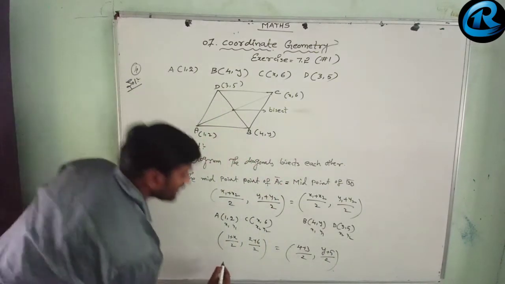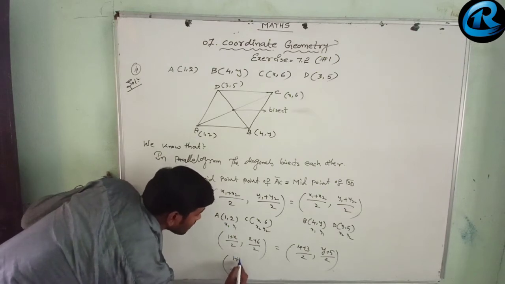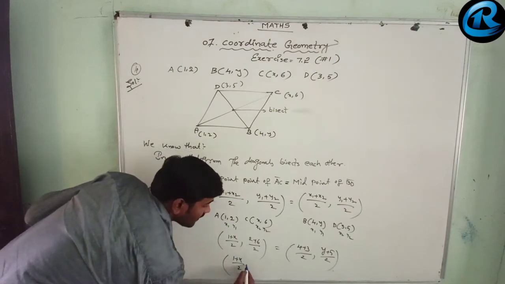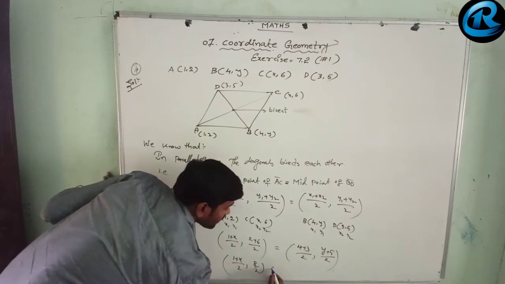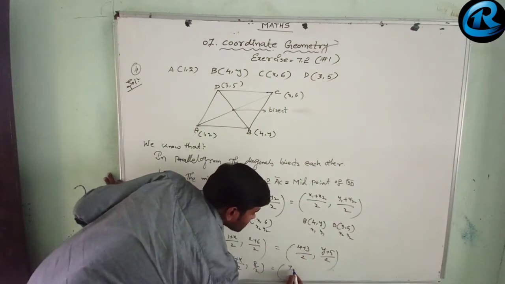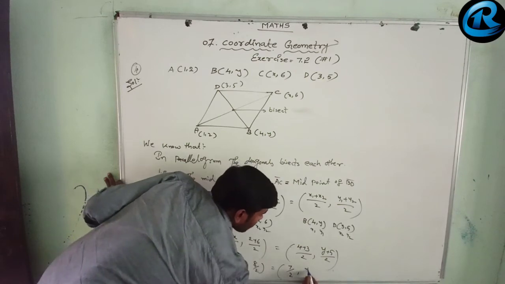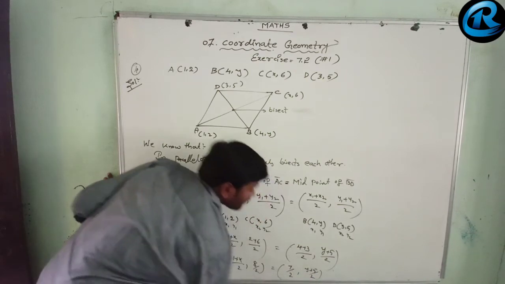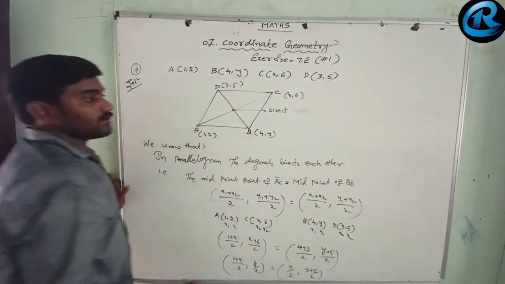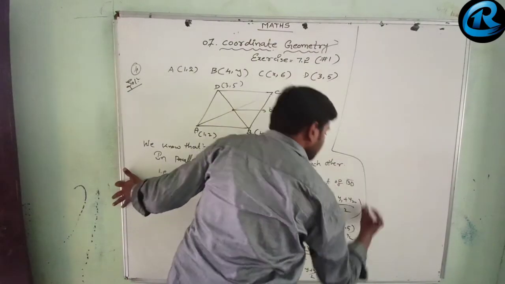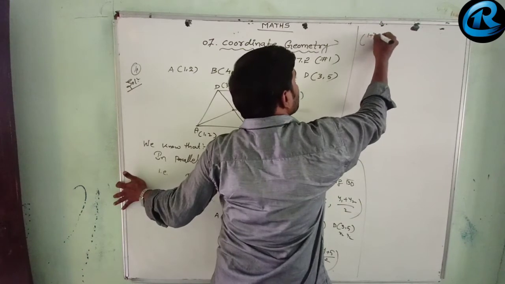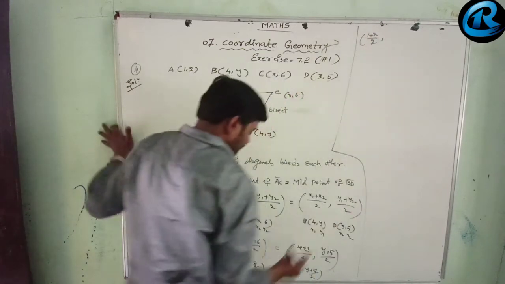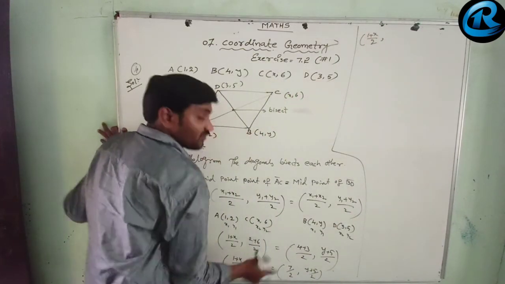So what we can do here, 1 plus x we will write only by 2, 2 plus 6 that is 8 by 2, equal to 4 plus 3, 7 by 2 comma y plus y by 2. Now let us simplify this again. Here 1 plus x by 2 comma here 8 by 2 is nothing but 4.